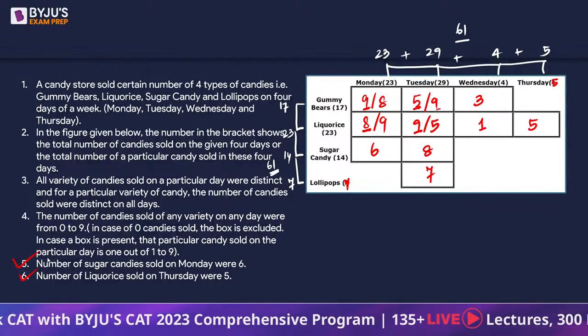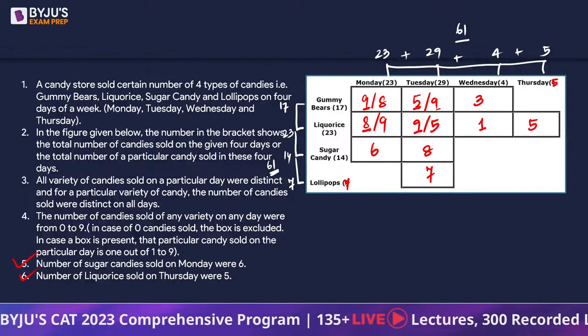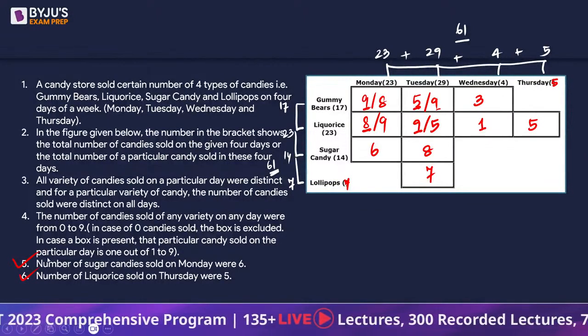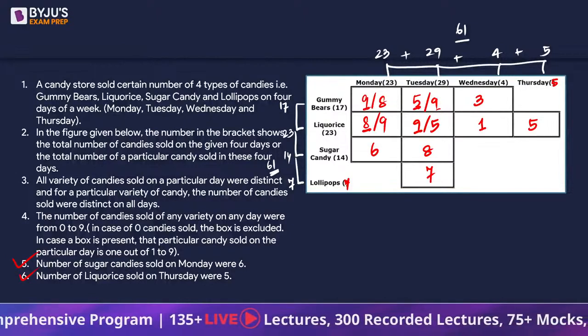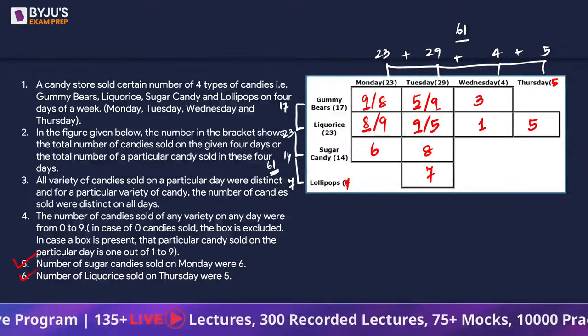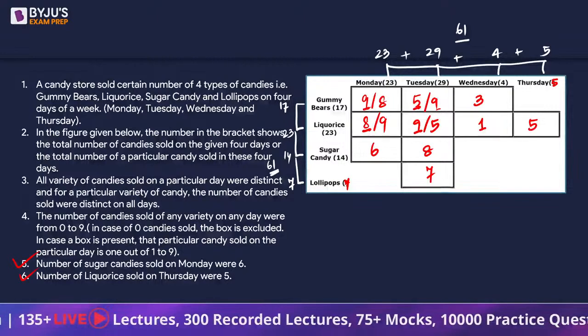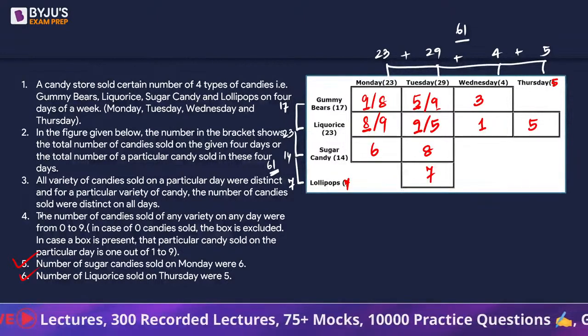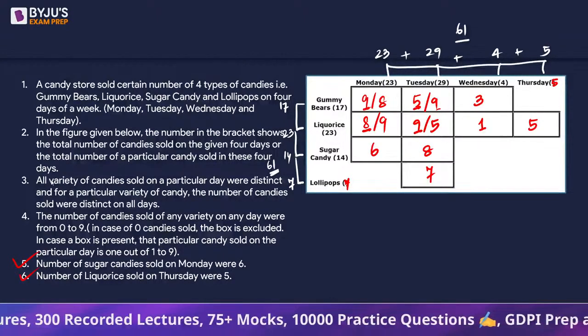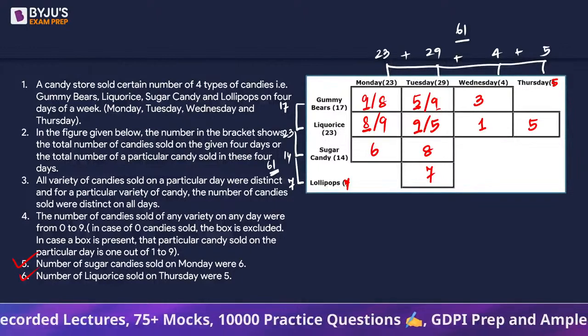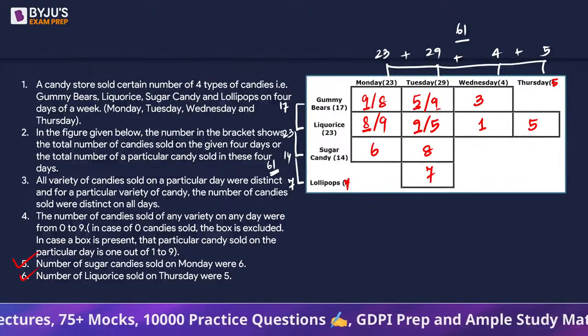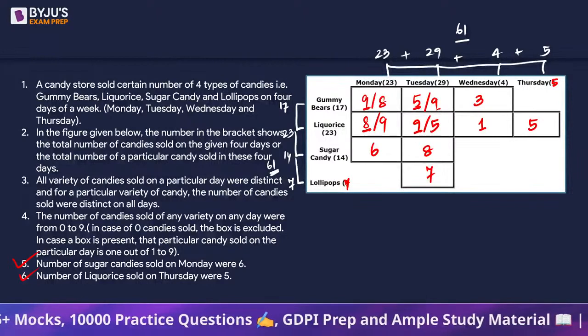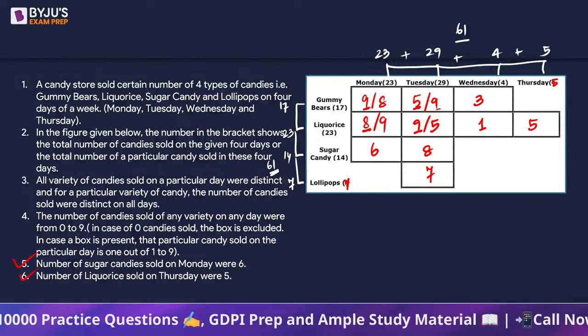So, what should we take? We have to take the 9, 8 combination, right? Let's think about 9, 5, 3 of gummy bears.